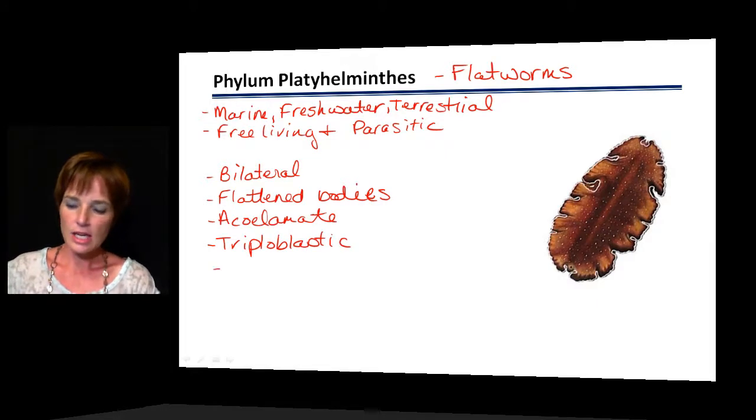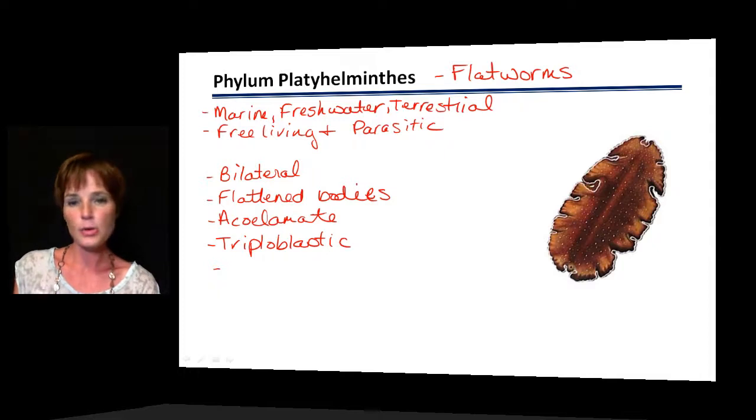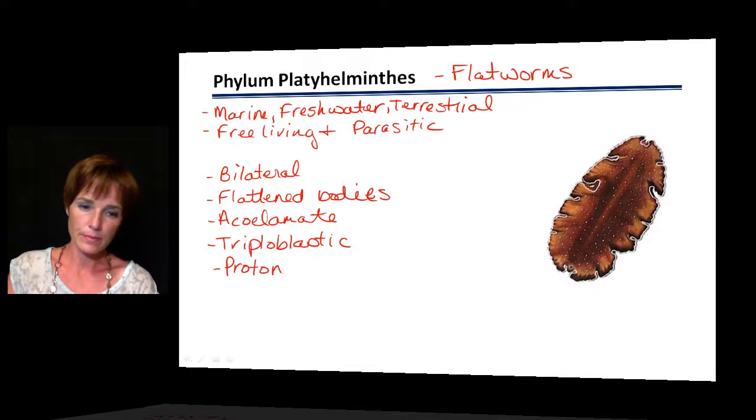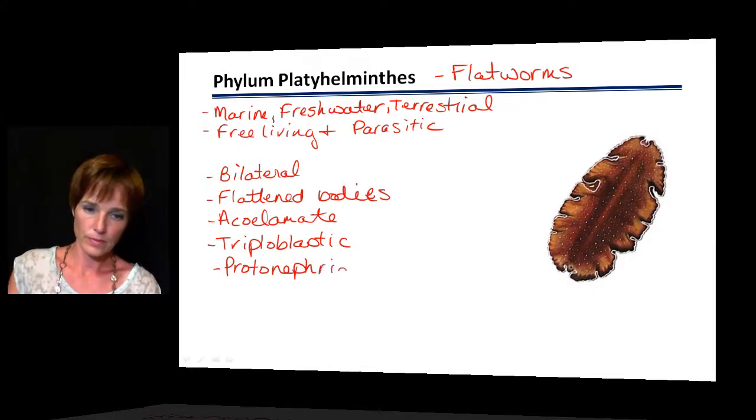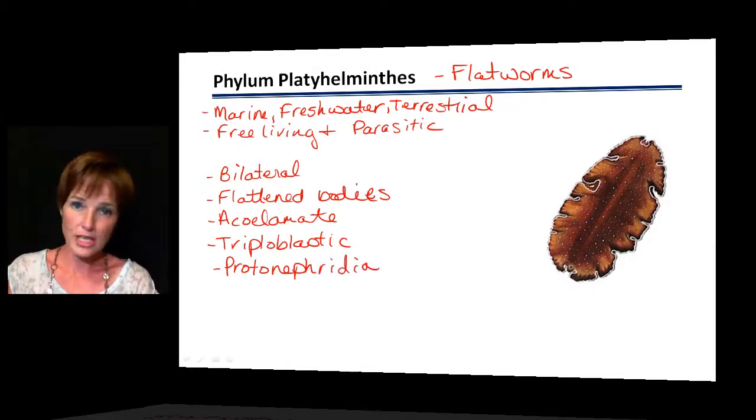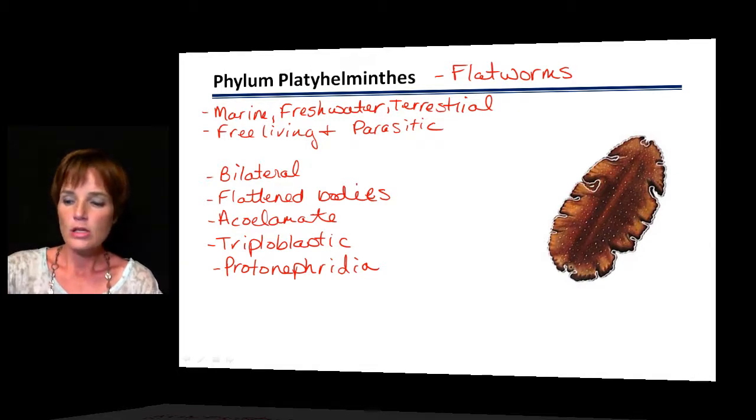And another thing is that they're going to have a network of tubes that's going to help pull air into them and then also help with the excretion of waste. So these networks are called the protonephridia. And that'll be characteristic of all of the worms that we have in the Platyhelminthes.